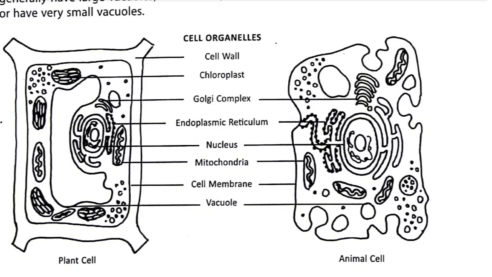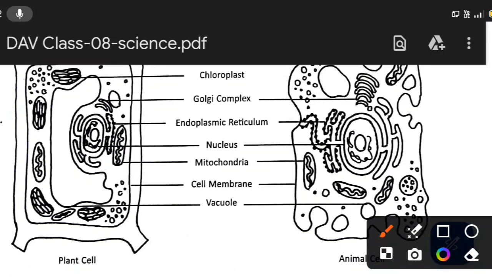Look, the animal cell has a nucleus in its center. The plant cell also has a nucleus. The plant cell has chloroplast, but the animal cell doesn't. The Golgi complex is present in both the plant cell and the animal cell.